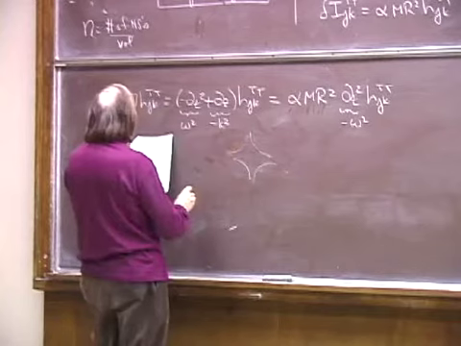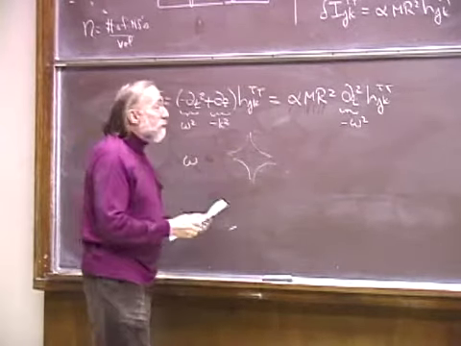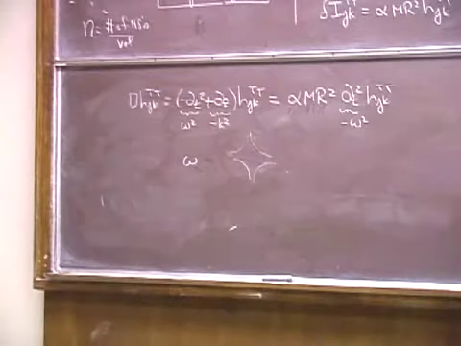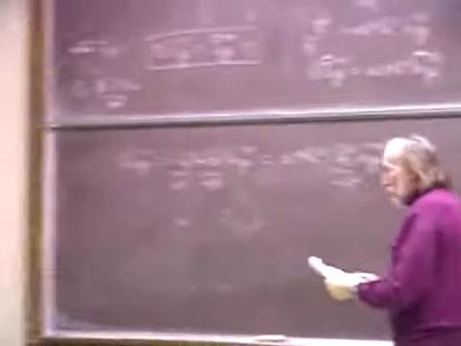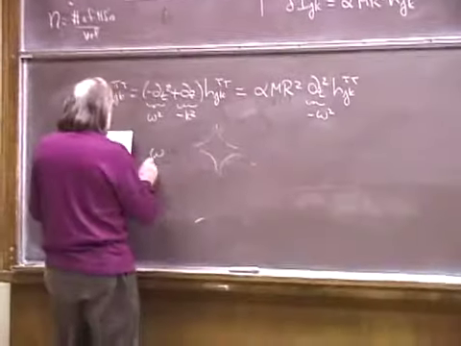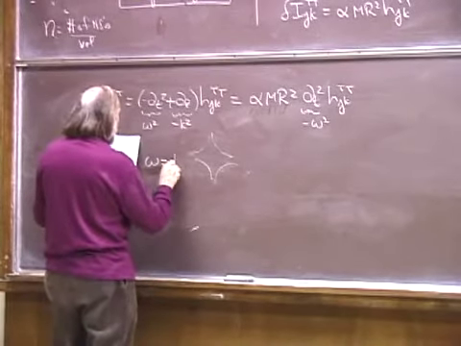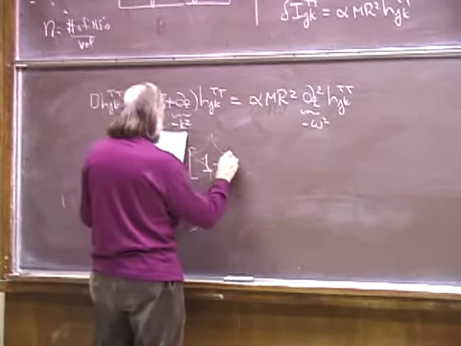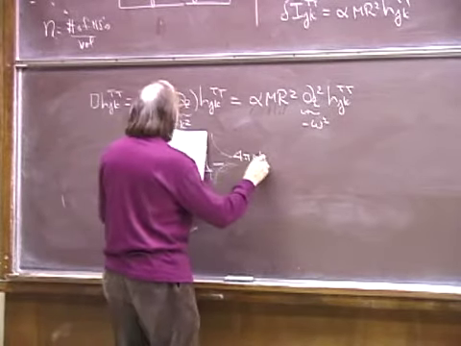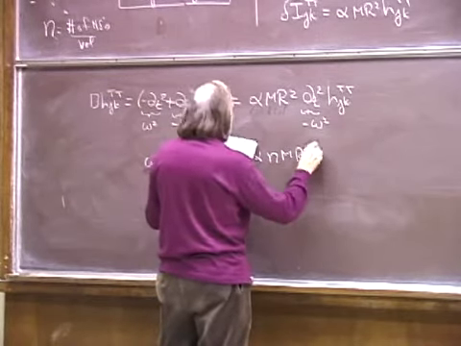If I just go through the mathematics, I wind up in the end, after again making an approximation where a term is small compared to unity, which you can then check in the end to see that it's the case, with omega equal to k, as before, times 1 minus 4 pi alpha n m r squared omega squared.